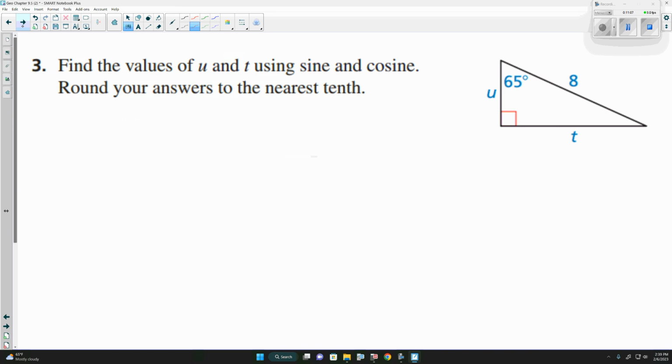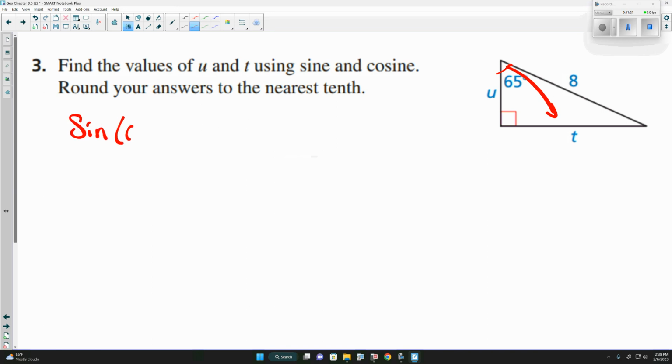So if we look at this here, we want to find the values of u and t using 65 degrees. So sine or cosine, which one would we use to solve for t? So t is next to or away from.